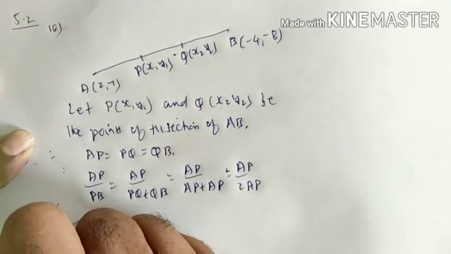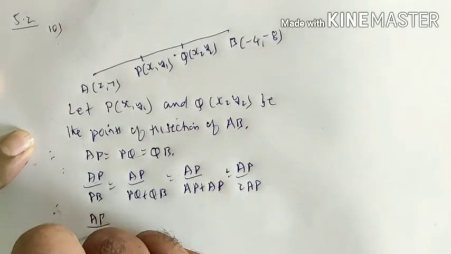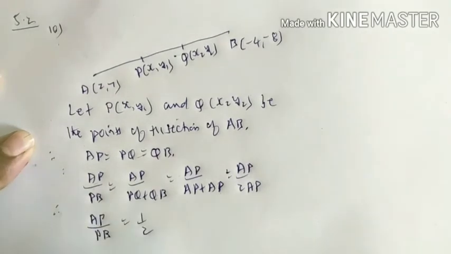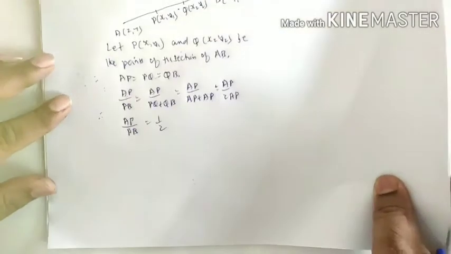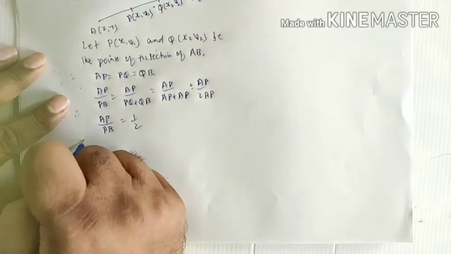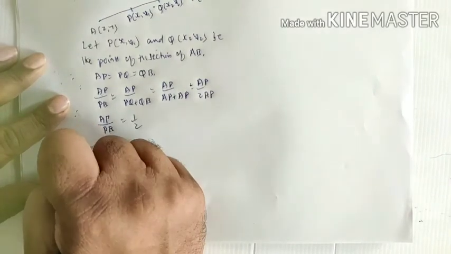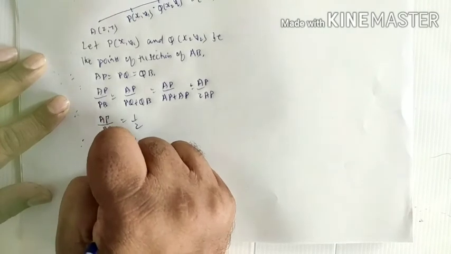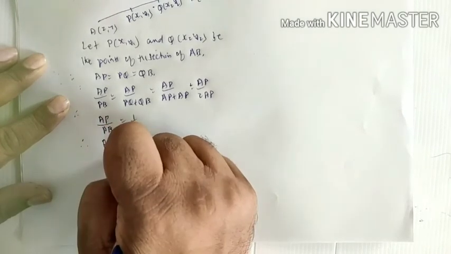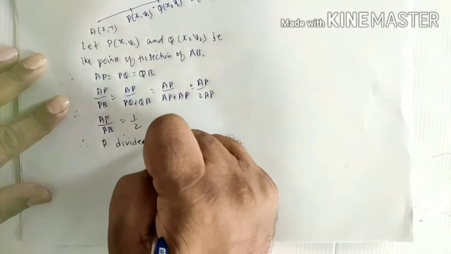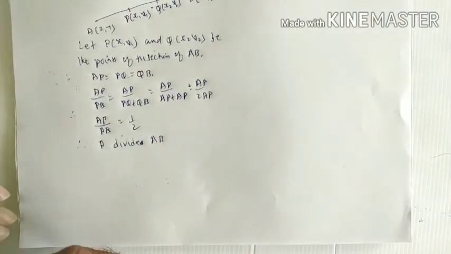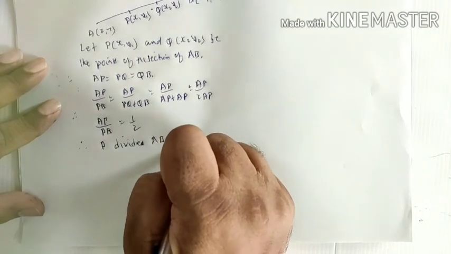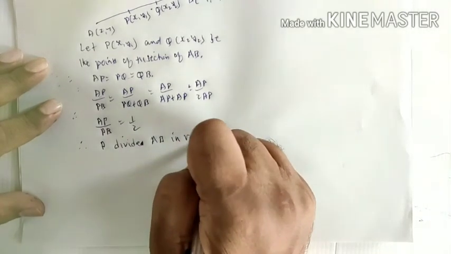Therefore, we get AP upon PB is equal to 1 upon 2. Therefore, P divides AB in ratio 1:2.